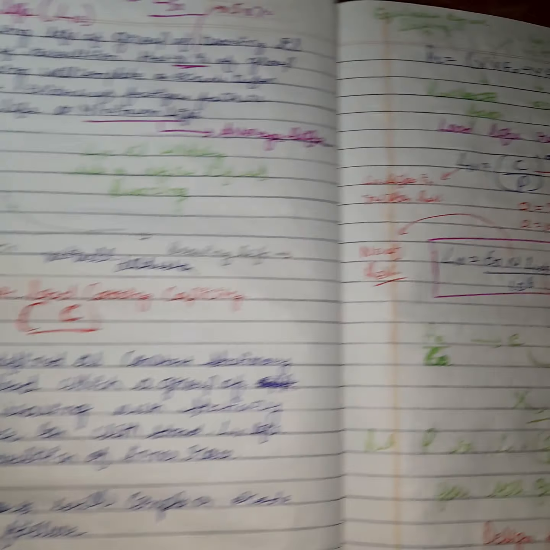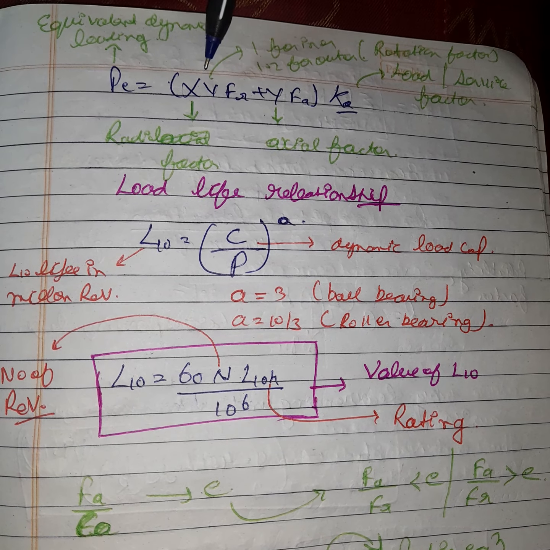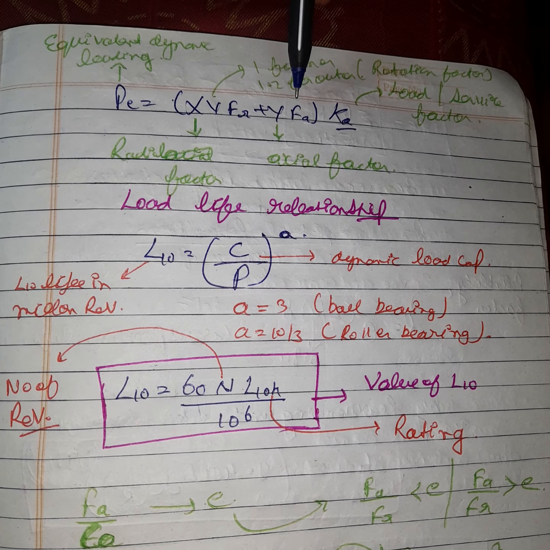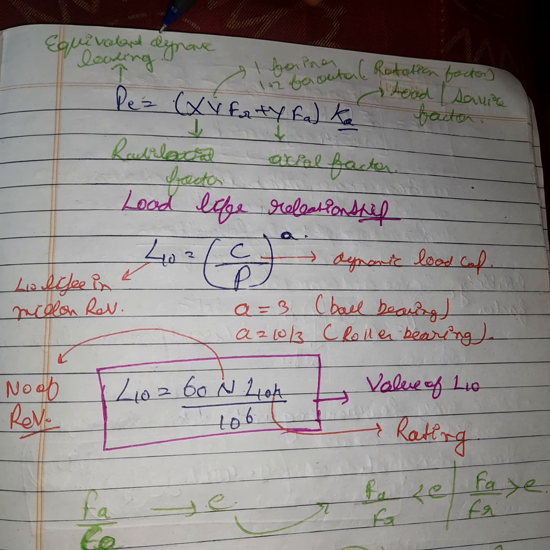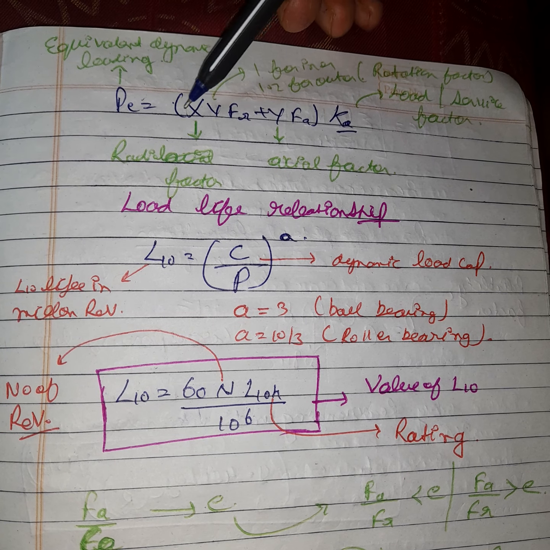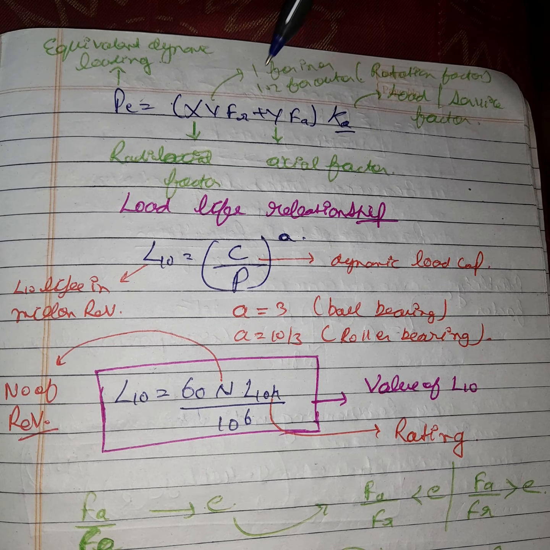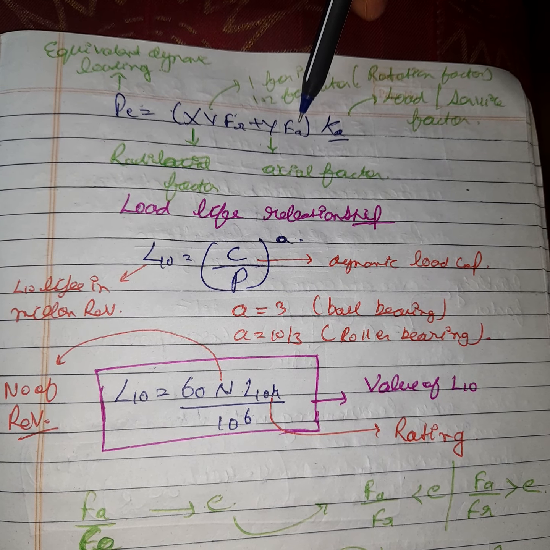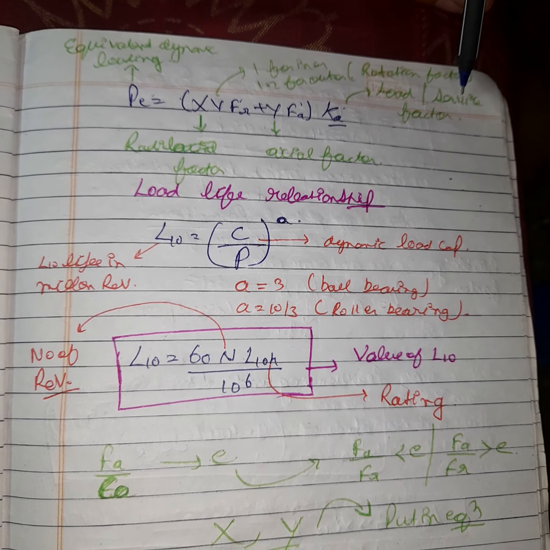So now we look at the equation, P equals X V FR plus Y FA. It means P is the equivalent dynamic load, X is the radial factor, and Y is the axial factor. FR is the radial load and FA is the axial load, and Ks is the load service factor.